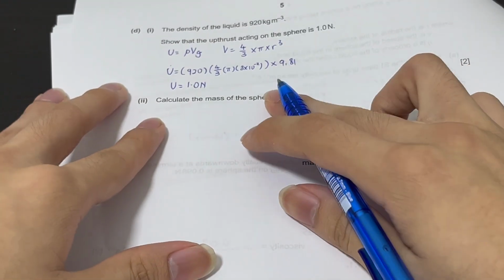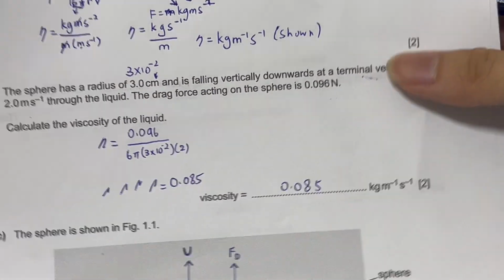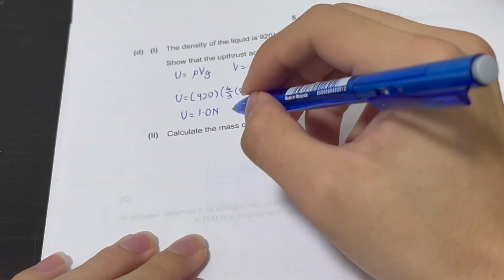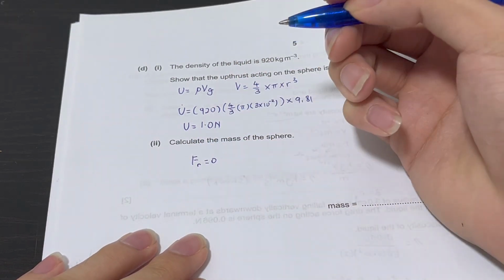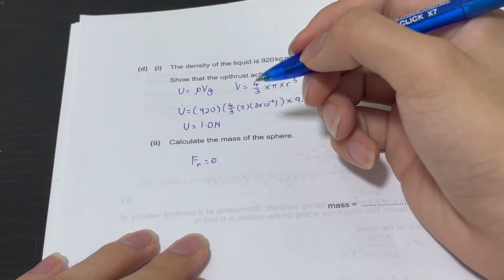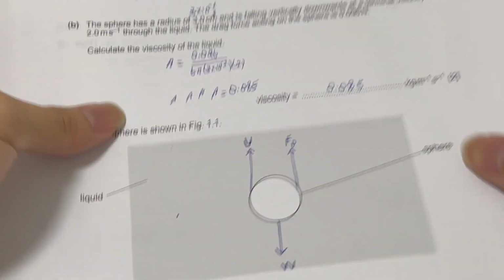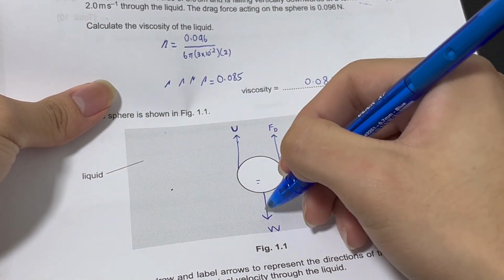Alright, next one. We have to calculate the mass of the sphere. So we know that the sphere is at terminal velocity, right? In terminal velocity, there's no acceleration, speed is constant, so the resultant force is equal to 0. And when the resultant force is equal to 0, let me show you, the upthrust and the drag force is equal to the weight.